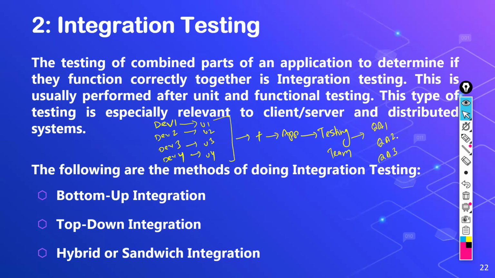Similarly, we'll have QAs also, the number may be different. But now QAs will be assigned to test functionality: feature 1, feature 2, feature 3. Earlier, these features were checked properly during the unit testing by the respective developers.